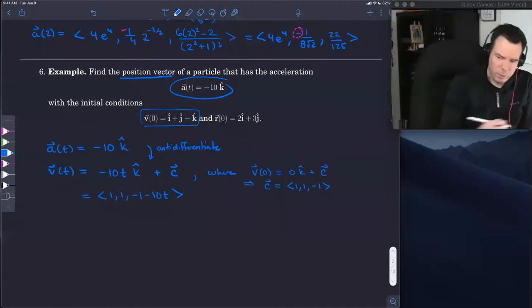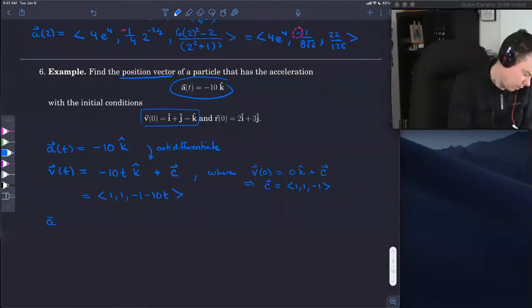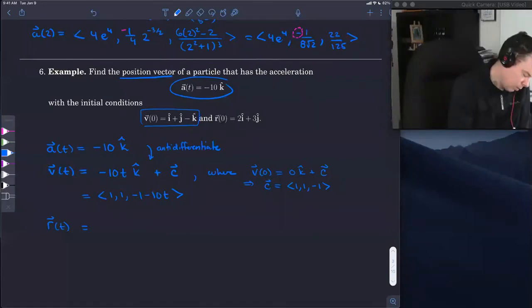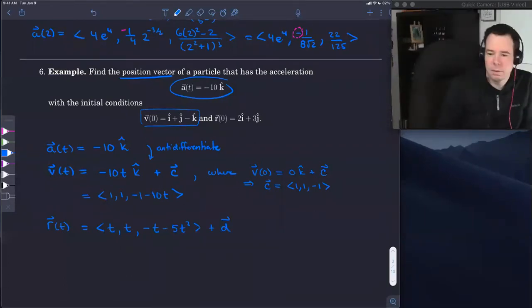And well, what do we have? Sorry, I was about to write down acceleration again, but we're going up the chain, so we want to now anti-differentiate again to get position. So when we anti-differentiate again, I get antiderivatives of 1 is t, antiderivative of 1 is t, antiderivative of the third component is negative t minus 5t squared, and I get another collection of constants of integration, which I'll just call d.